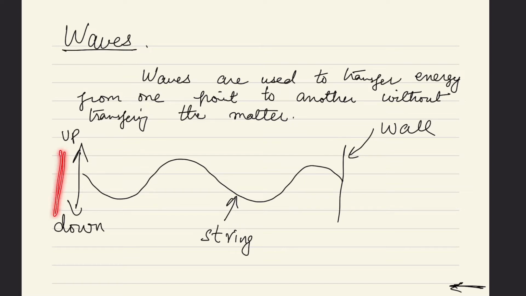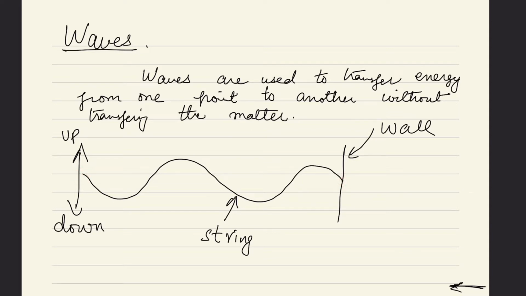As the string moves up and down, it transfers the energy from this point to that point. Basically, as we move the string up and down, the energy is being transferred from this point to that point in the form of a wave. So that's how we can explain how the energy is transferred from one point to another.